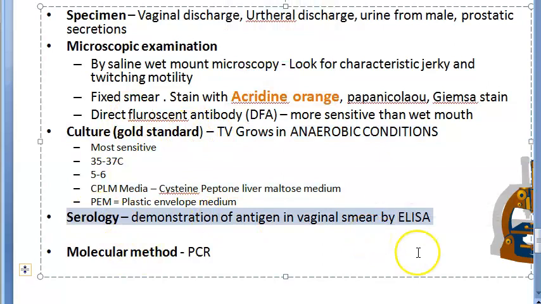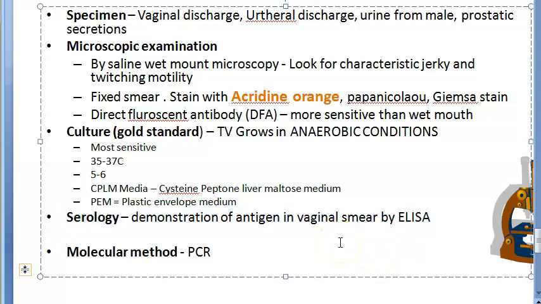Serology, guys. In serology, you will use ELISA to demonstrate the antigen of Trichomonas vaginalis. In the vaginal smear, you can demonstrate the antigen using monoclonal antibody for 65 kDa surface polypeptide of Trichomonas vaginalis.